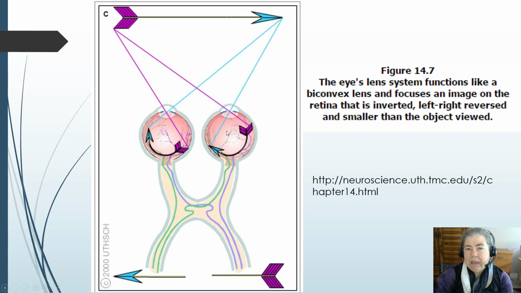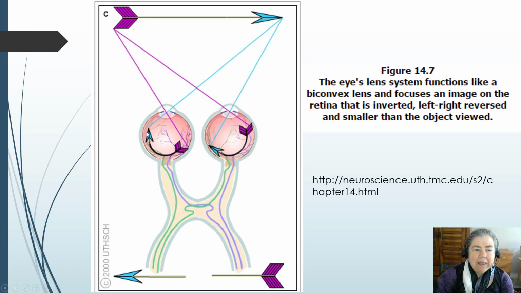Have you ever done that? Well, you get an image that is inverted and reversed left to right. So here we have this arrow with a purple end and a blue end, and on this eyeball, that image is upside down and left to right. And in this eyeball, the image is also upside down and left to right.